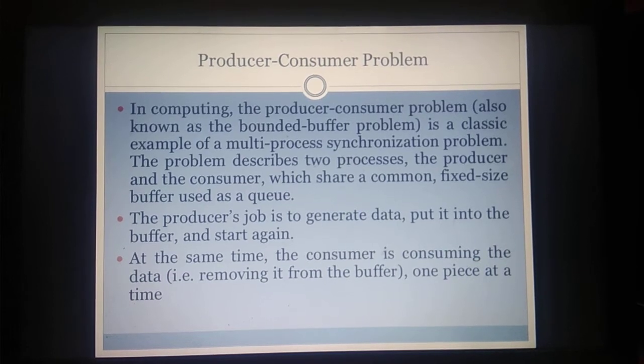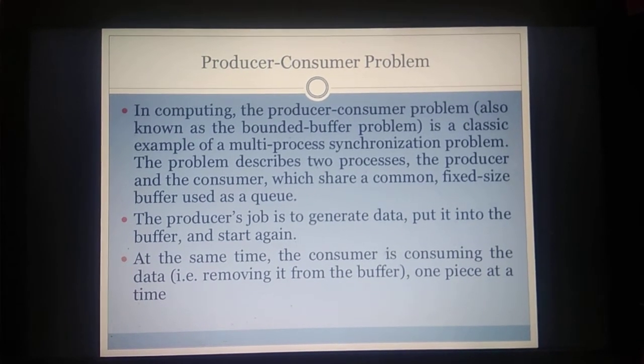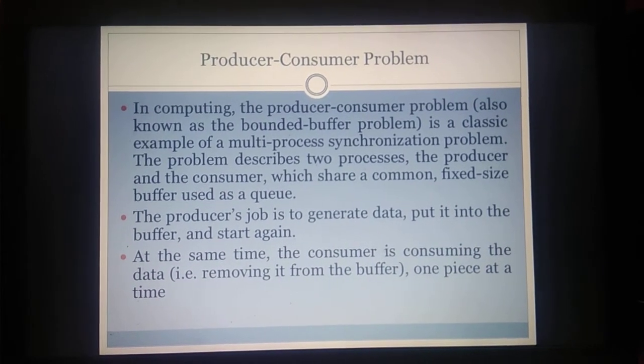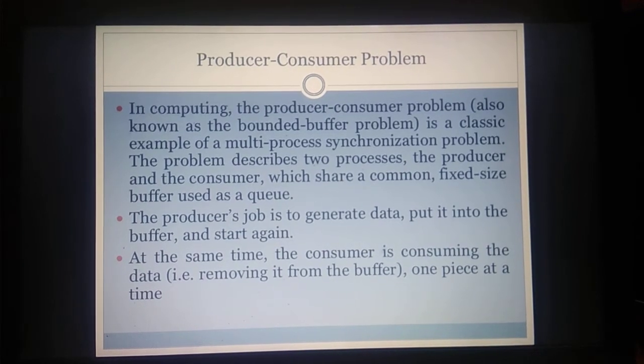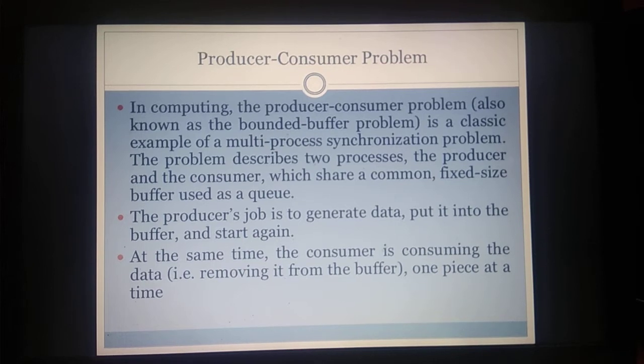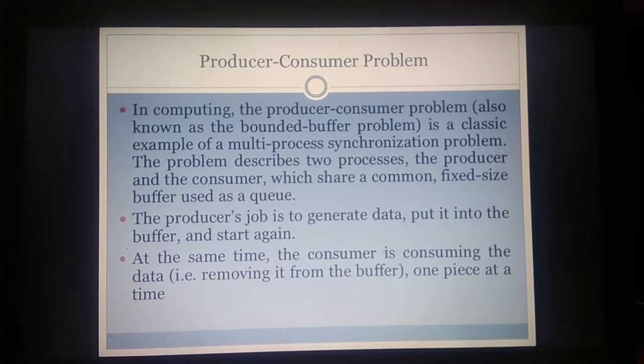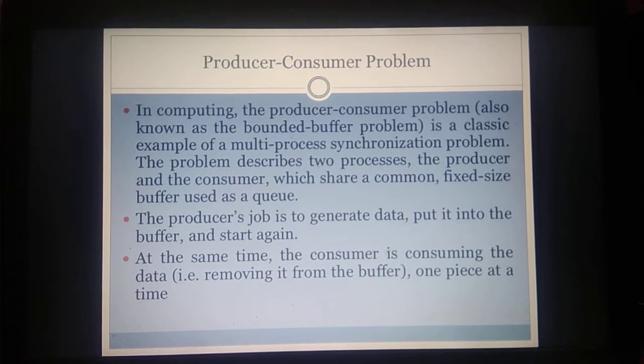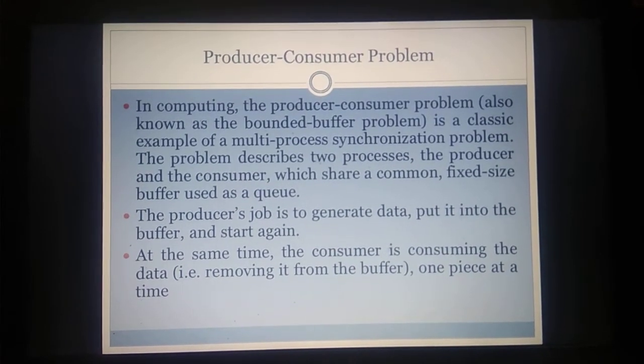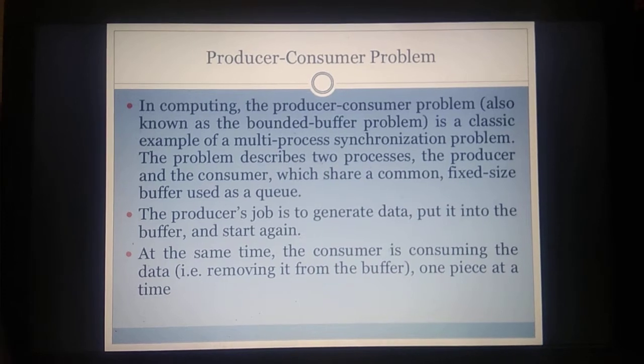And if the buffer is getting empty, it will be notified and it will fill the data again and again. The consumer will consume the data and it will wait when the buffer is empty. It will consume only one data item at a time. So these are the conditions for this program.